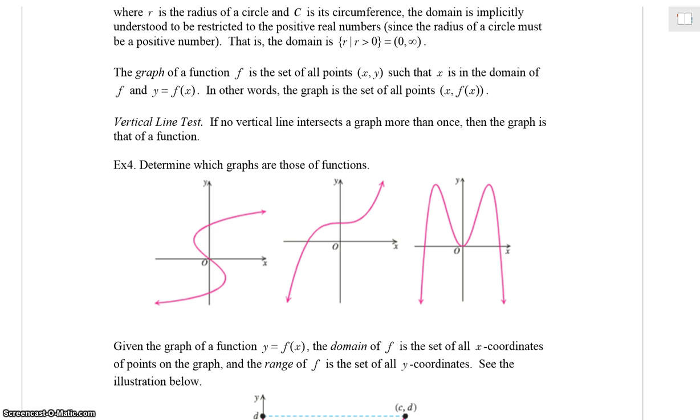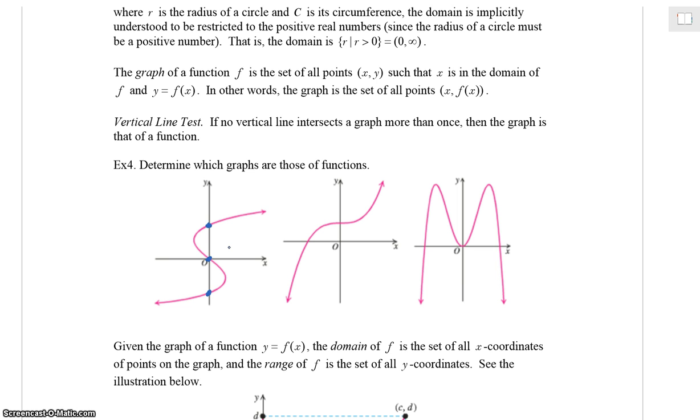Our first example is not a function, because if we just look, say, at the y-axis, which is a vertical line, it intersects the graph at 3 different points, meaning that for x equal to 0, there are 3 different y values associated with that one x value.